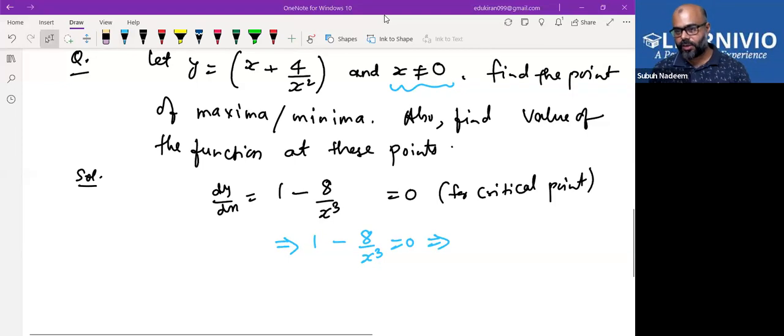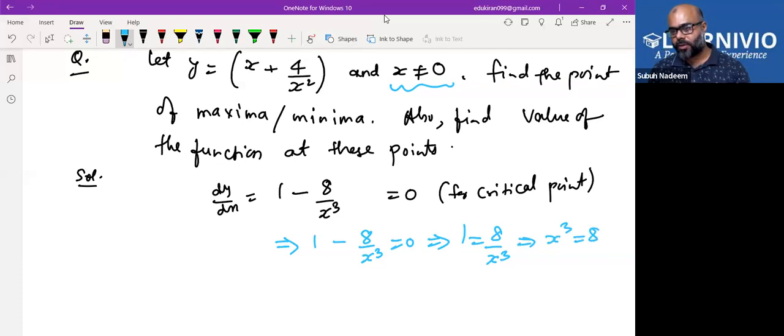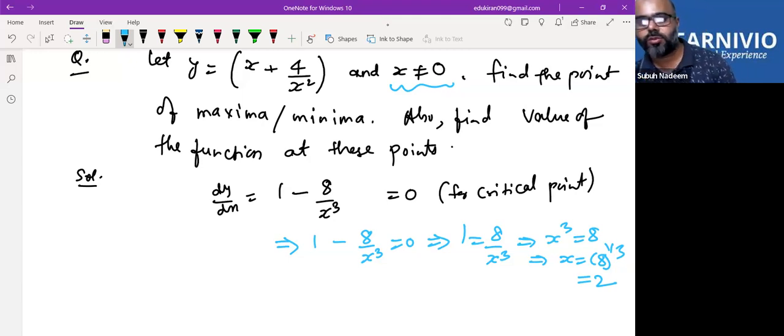So that is fine. 1 is equal to 8 by x cube, which implies that x cube is equal to 8, which means x is equal to cube root of 8, which is actually 2. So x is coming out to be 2. Now we have to further confirm whether this is a point of maxima or minima.